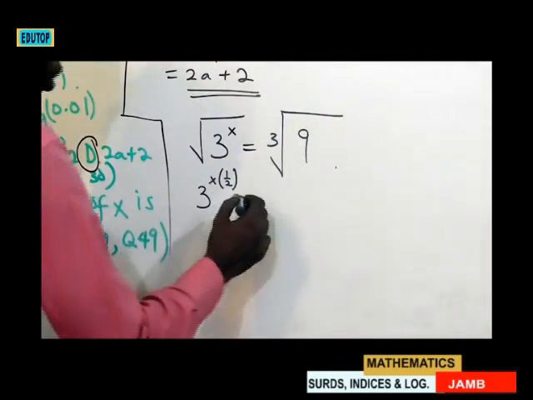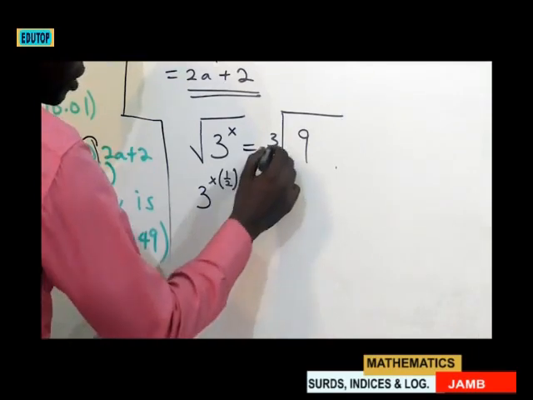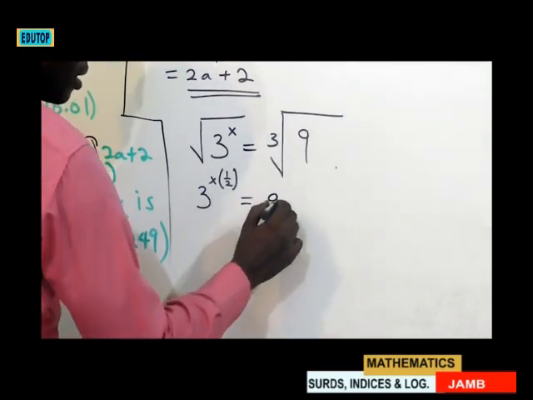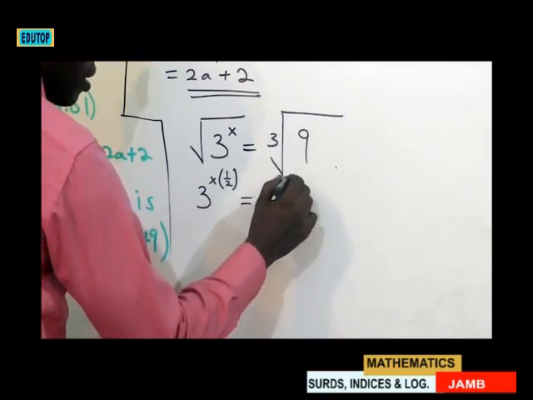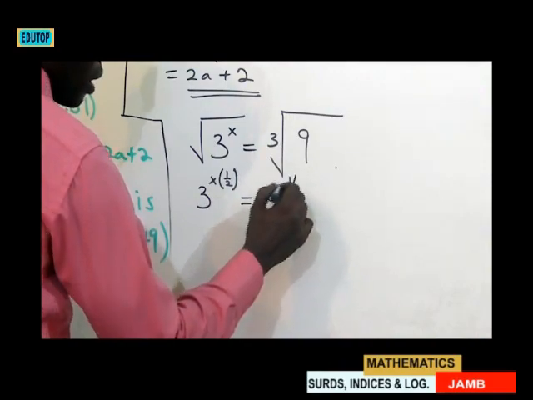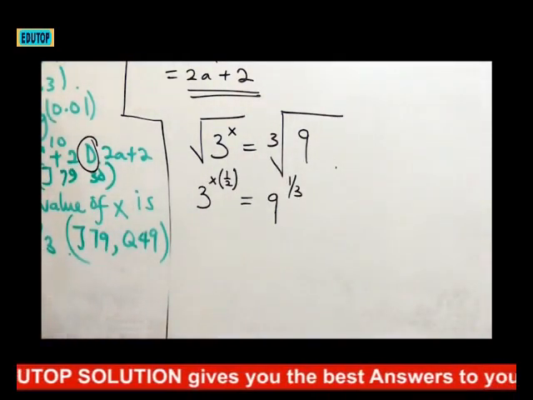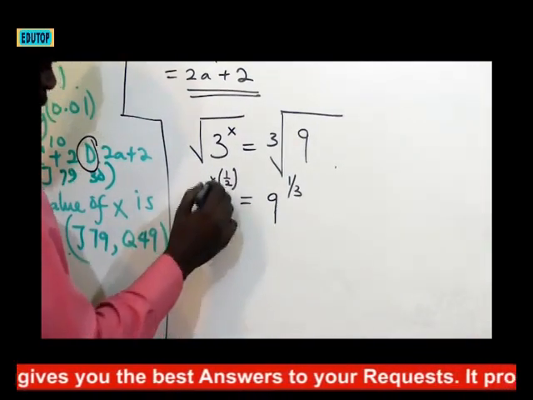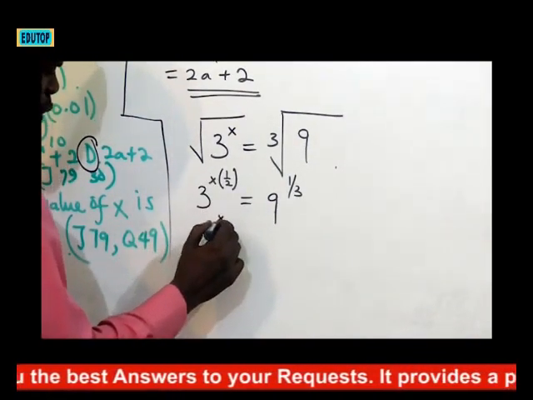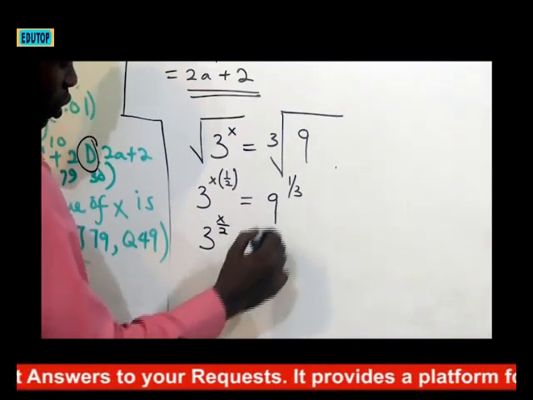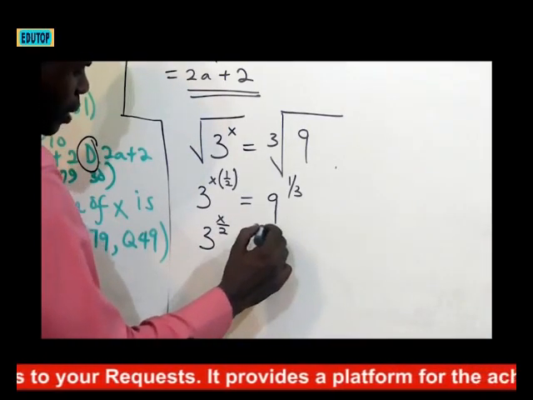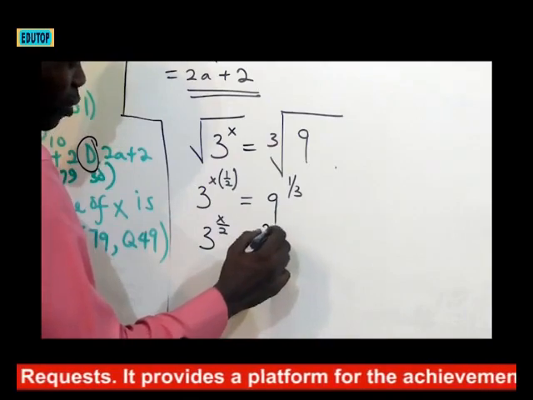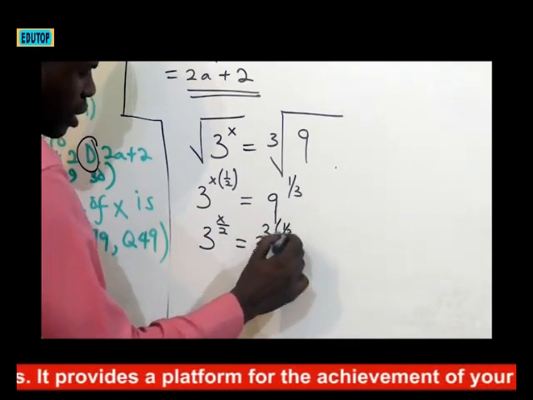Then this one also, when I remove this one, it becomes, this is cube root, so 9 will now be 1 over 3. Then I can simplify this by saying 3 raised to power x times 1 over 2, so x over 2, equals to this one, 3 raised to power 2 is 9, and that will definitely be 1 over 3.